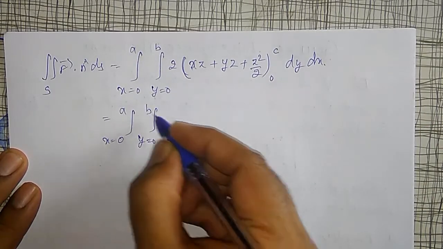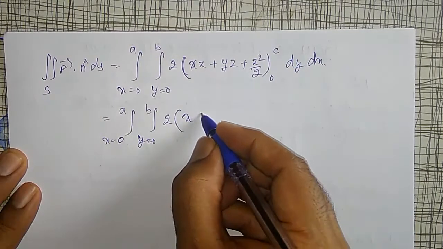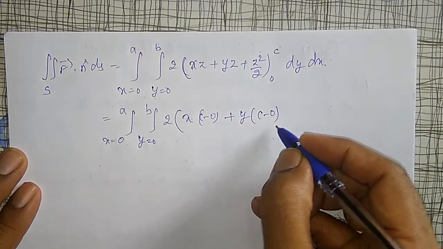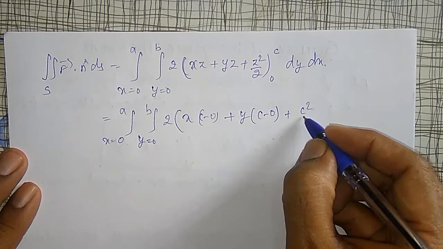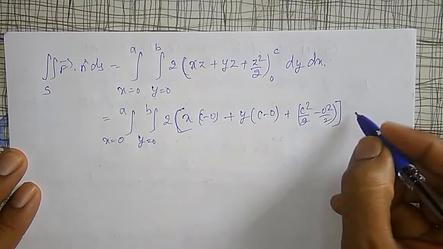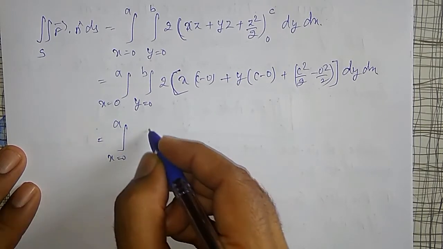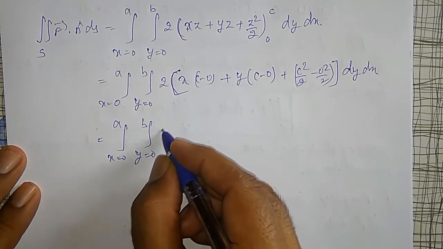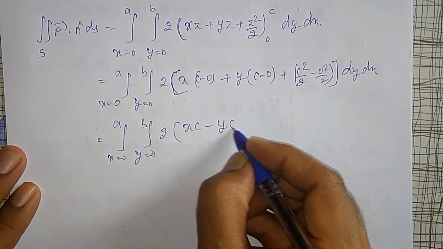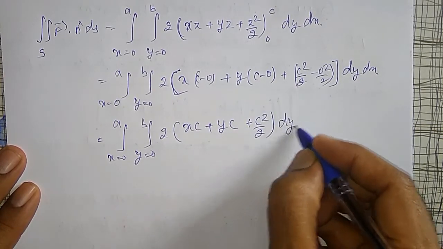x equal to 0 to a, y equal to 0 to b, 2 into upper limit minus lower limit: x c minus 0, plus y into c minus 0, plus c square by 2 minus 0 square divided by 2, into dy dx. Simplifying this, integration from x equal to 0 to a, y equal to 0 to b, 2 times (xc plus yc plus c square divided by 2) into dy dx.